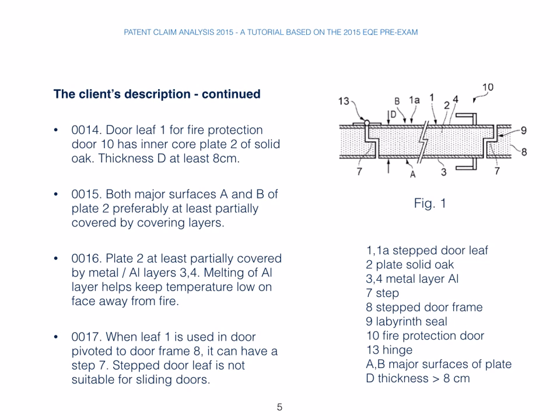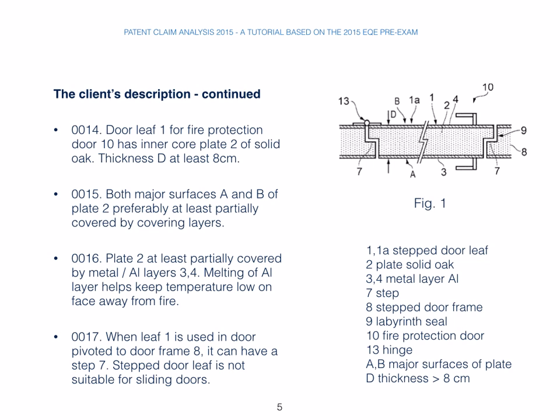Paragraph 15 states that both major surfaces A and B of the plate preferably are at least partially covered by covering layers. Paragraph 16 states that the plate is partially covered by metal layers, preferably aluminium layers, and the melting of the aluminium layer helps to keep the temperature low on the face away from the fire.